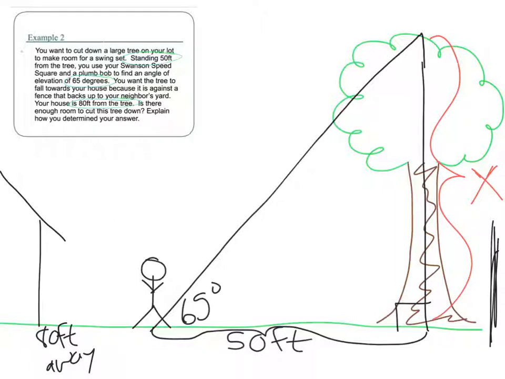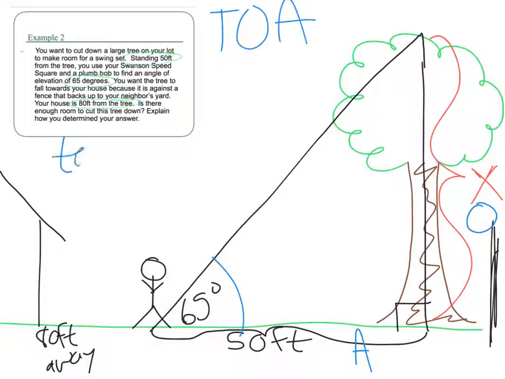So I know with this angle right here, 65, 50 is my adjacent side. It's next to the angle, and across from that angle, or opposite that angle, is the one that I want to know. So opposite, adjacent, that is my TOA. Alrighty, so tangent of 65 is equal to my opposite over my adjacent.